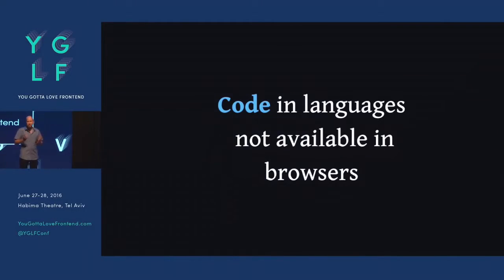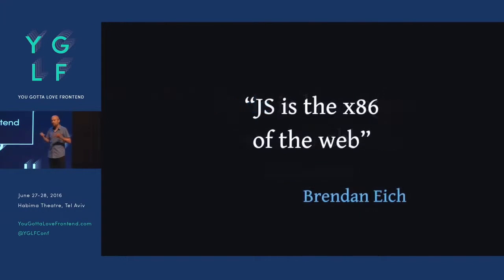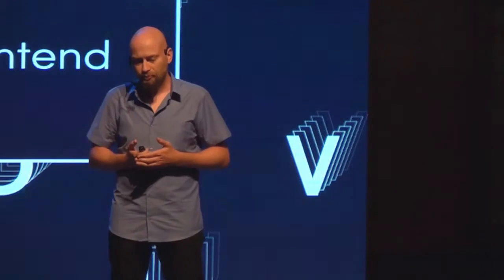So that's great, right? But we can go beyond that. We can actually code in languages which were never meant for browsers at all. There has been a sense in the JavaScript community for some time already that JavaScript can be the bytecode or assembly code of the web, that compilers can actually target JavaScript the same way they target the JVM or assembly code.